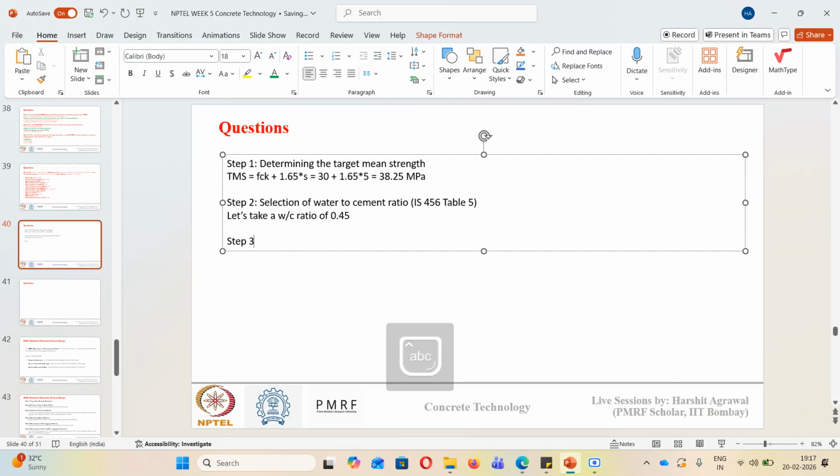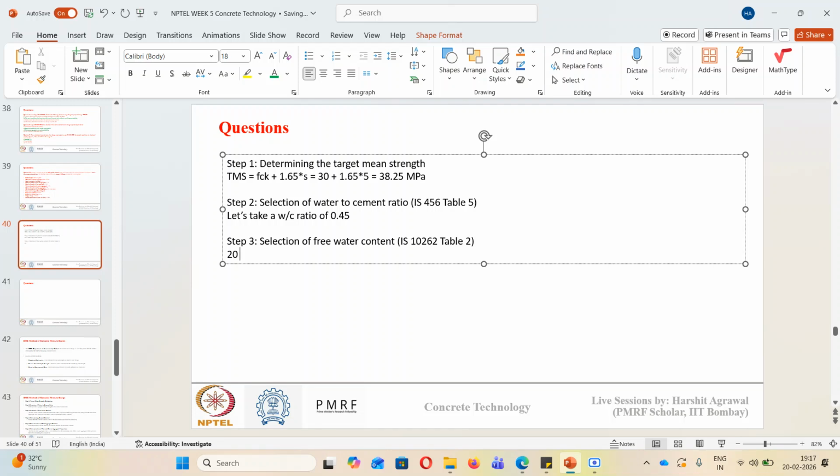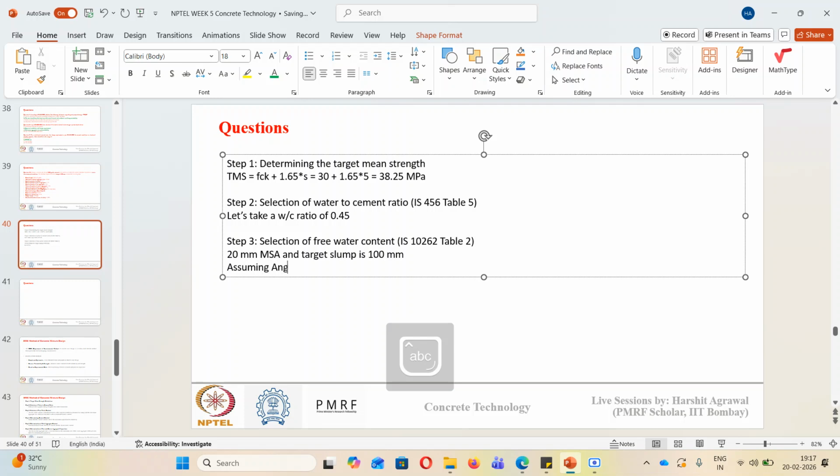Step 3 now will be selection of free water content. For this I will use IS 10262 table 2. We have 20 mm nominal maximum aggregate size, and the target slump given in the question is 100 mm. We don't know the aggregate shape, whether it is round or angular, so I am assuming angular aggregates.